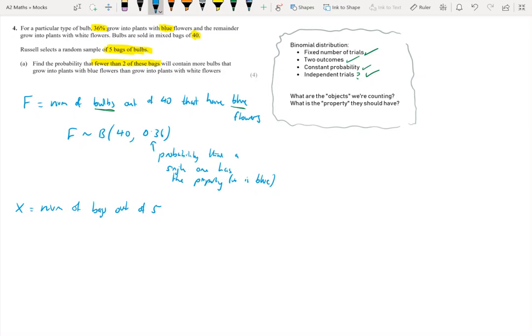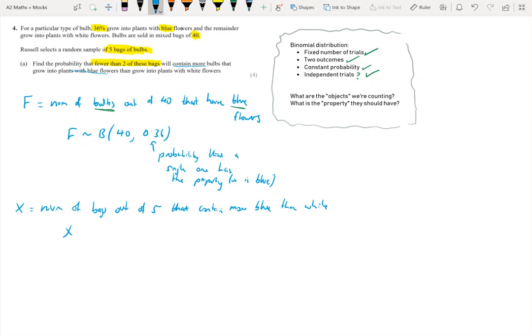And what's the property or the characteristic they should have? So the number of bags out of 5 that, now we have to read it, contain more blue than white. That's the property, that's the characteristic that we're asking for in these bags.